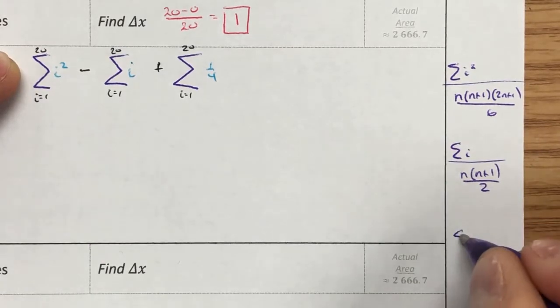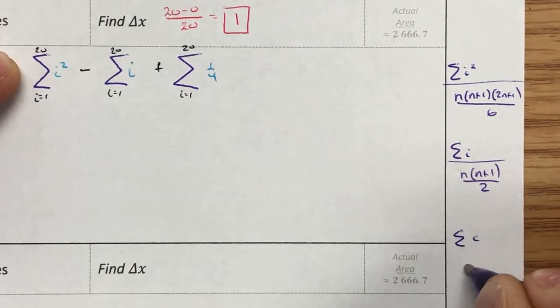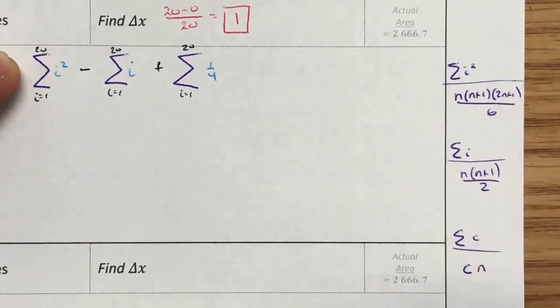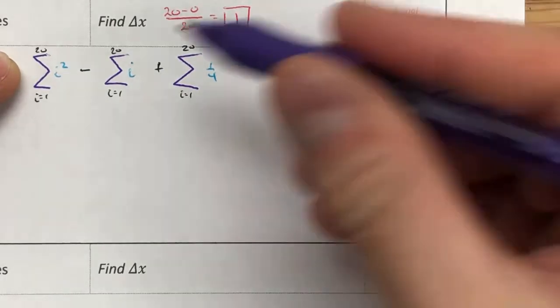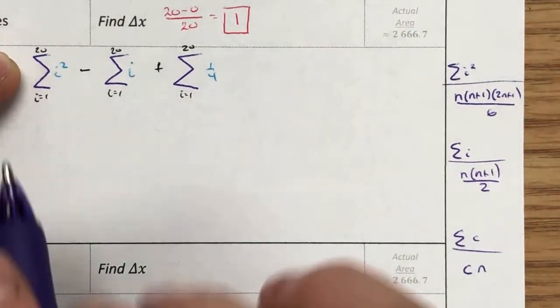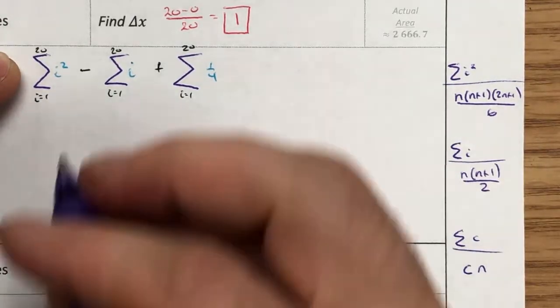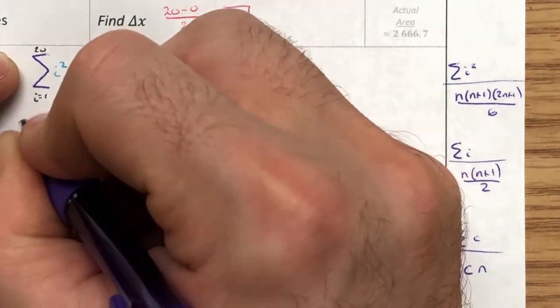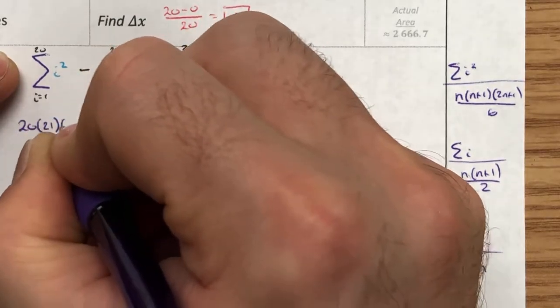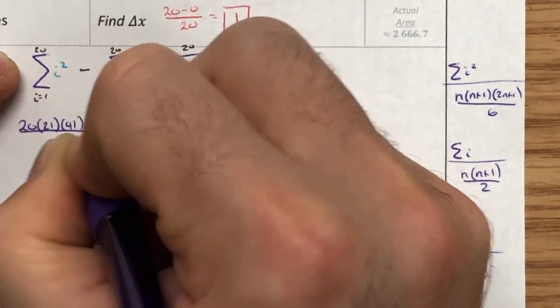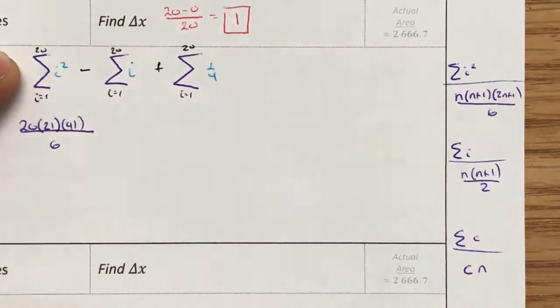And we know the sum of a constant is going to be the constant times n. So these three formulas we're going to plug in over here. So if I have i squared, I'm going to jump immediately into this. So this is going to be 20 times 21 times 41, all divided by 6.